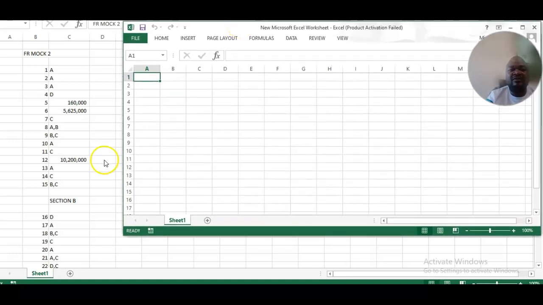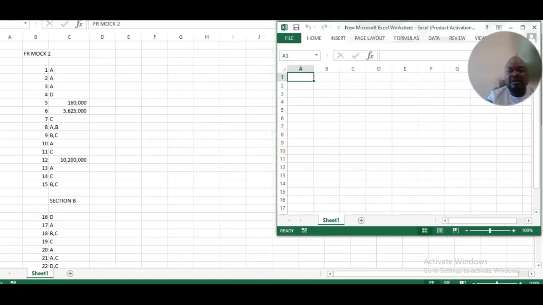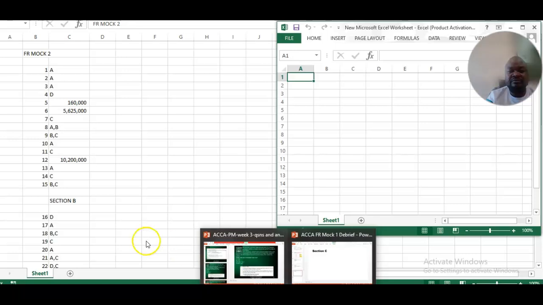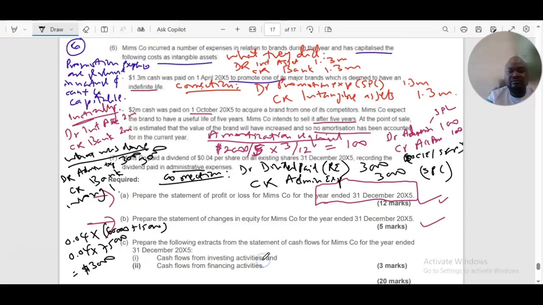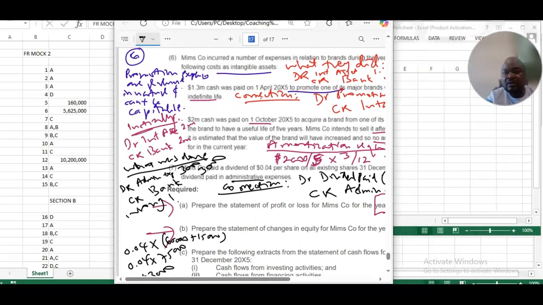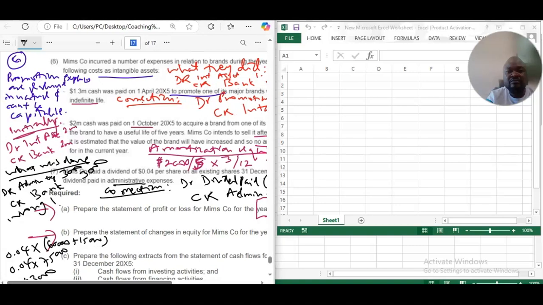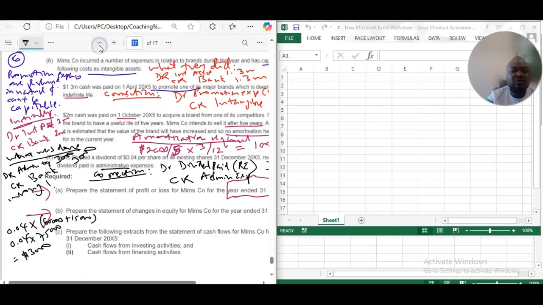I want you guys to see the formulas as we do the computations. It's an old computer, so sometimes it won't perform the way we want it to.